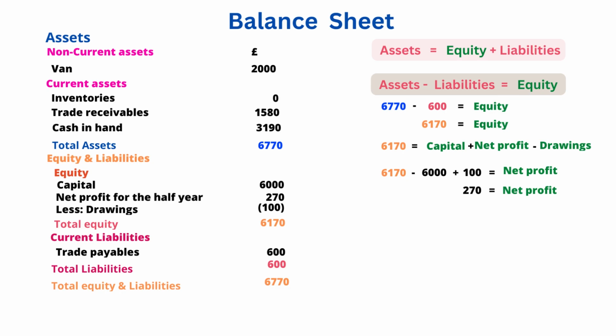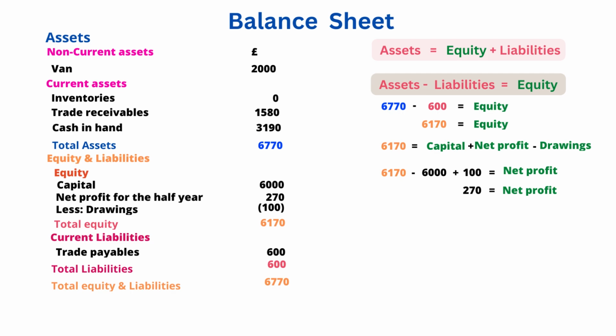Now let's find out net profit through the balance sheet. For this we need to use the accounting equation, which is assets equal equity plus liabilities. And then we need the equity, so the equity equation will be assets minus liabilities is equal to equity.